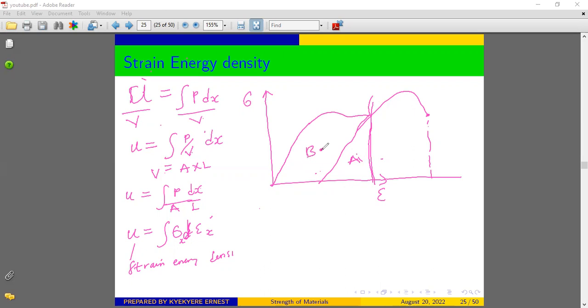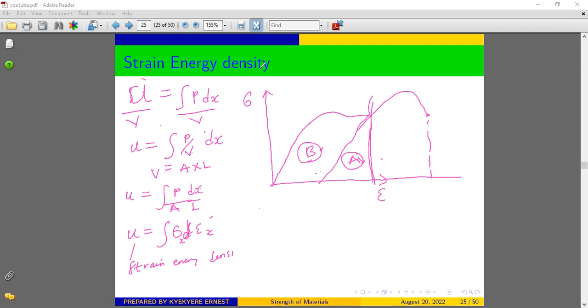And this portion here cannot be recovered. Why? Because part of the energy which is used for deforming this body will be dissipated into heat. And so this part B cannot be recovered. So only a small portion of the energy can be recovered when there is plastic deformation. Good.